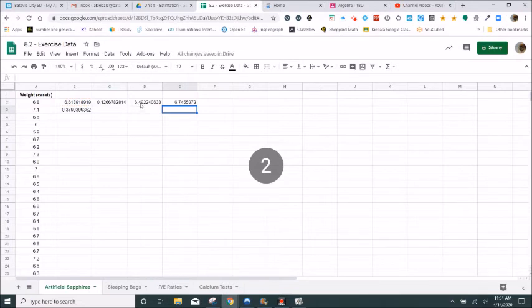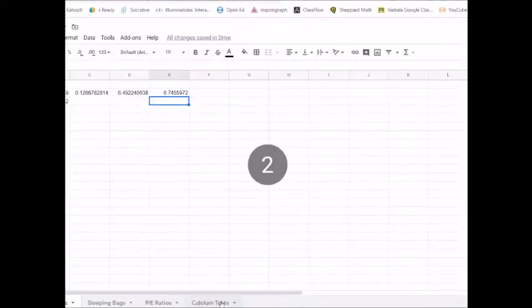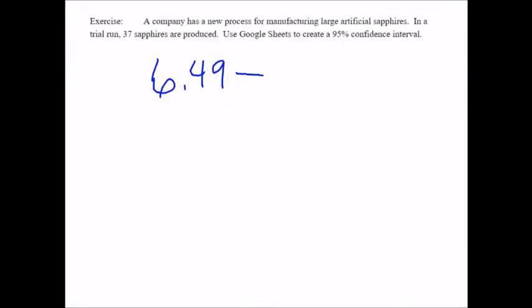So we can be 95% sure that between 6.49 carats and 6.75 carats, I rounded there, contains the actual population mean.